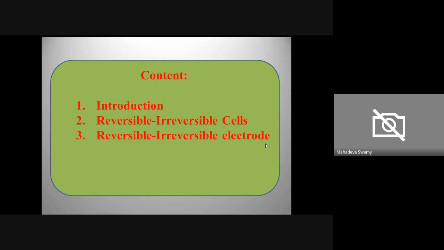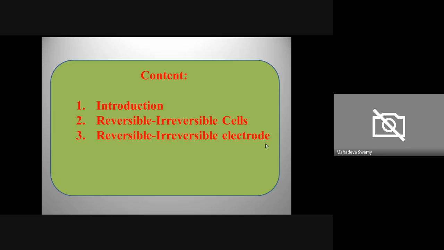First one, because this is a first class, the introduction is very important. Then based on the introduction, I will discuss reversible and irreversible cells. Then after this, the reversible and irreversible electrodes. So here is the interconnection between these three concepts.